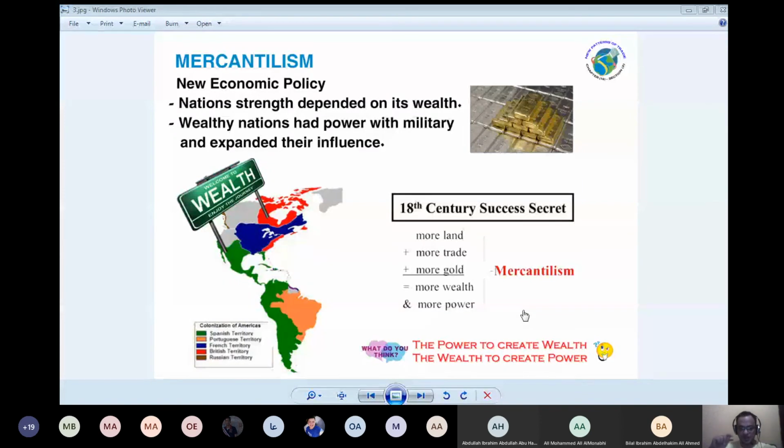During the age of exploration, one of the countries explored and discovered the sea route to India. After the age of exploration, they discovered the new land. So the question, Jawad: after the age of exploration, which European country was the richest one?